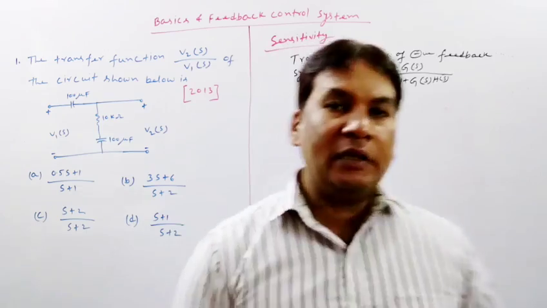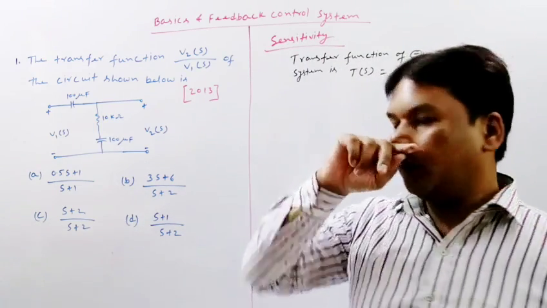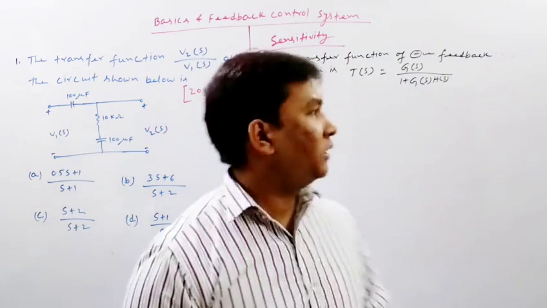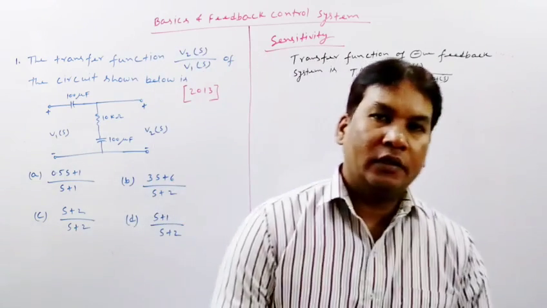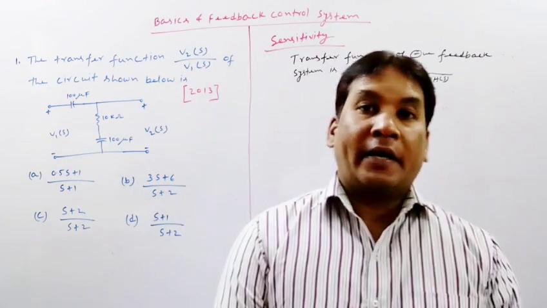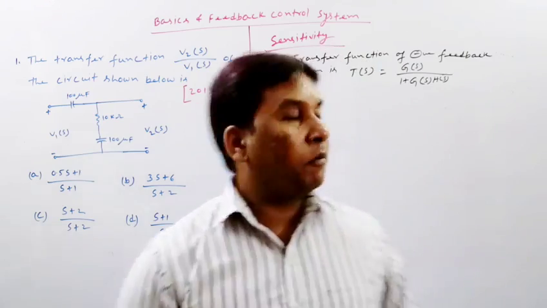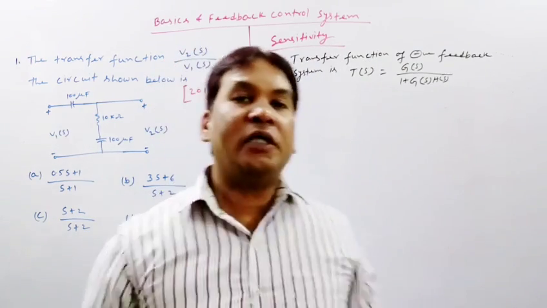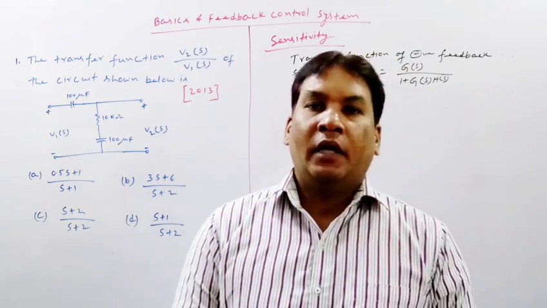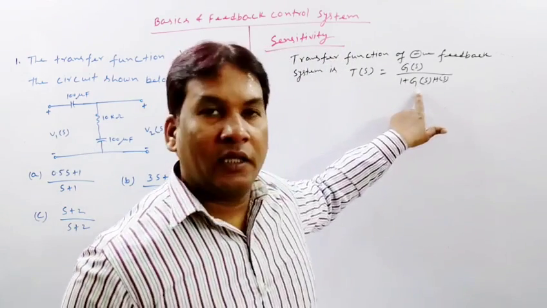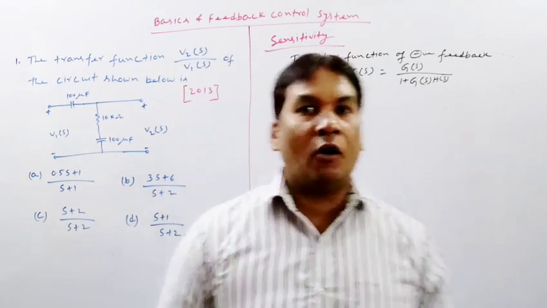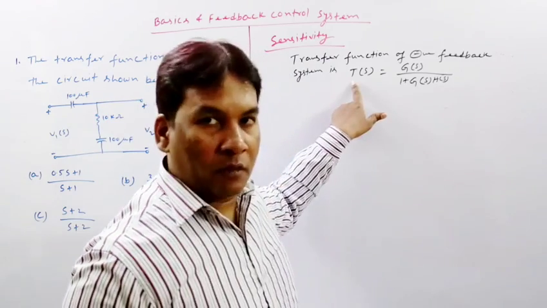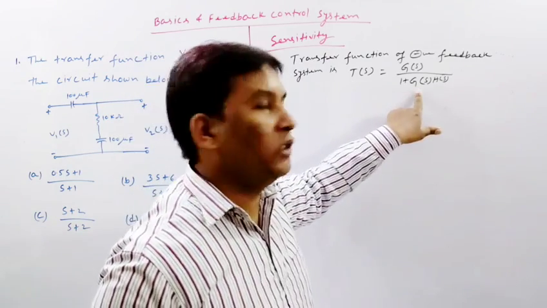Now the sensitivity of this transfer function T(s) is defined as follows. If we are changing G(s), then the rate of change of transfer function T(s) with the rate of change of this G(s) is called the sensitivity of transfer function T(s) with respect to G(s).